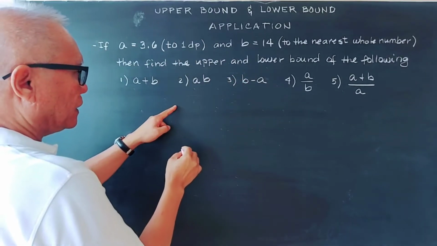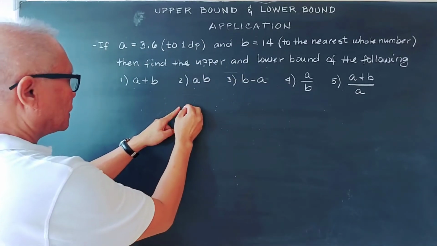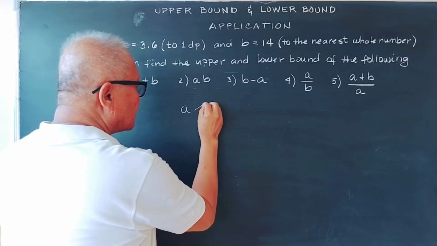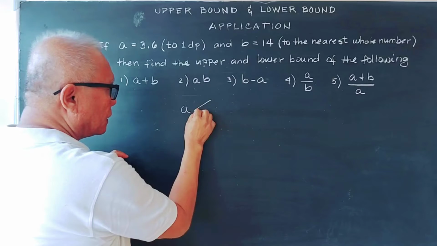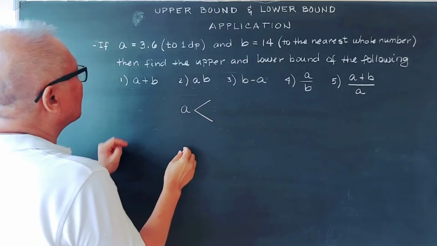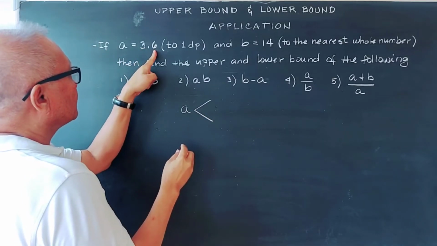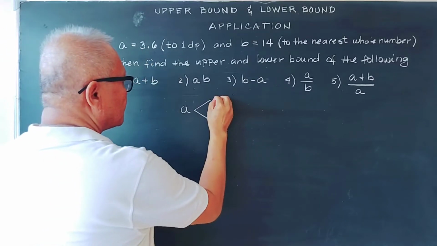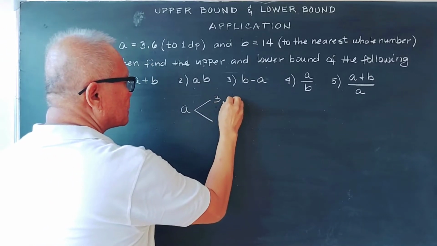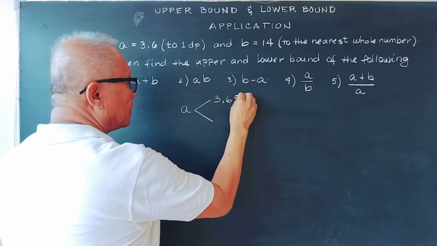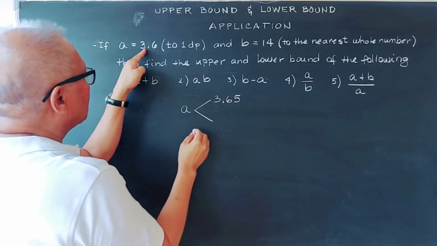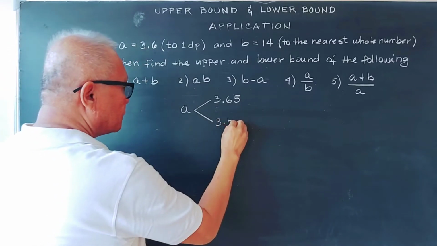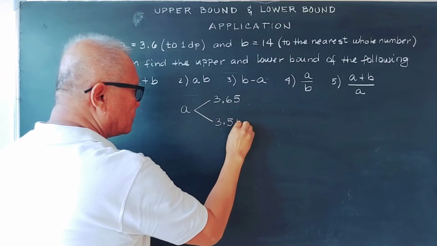But before that, we are going to have first the upper bound and the lower bound of A and B. So let's have the A here. And let's have the upper bound and the lower bound of A. 3.6 is correct to 1 decimal place. So we have 3 point, you just add 5 here for the upper. And then for the lower, subtract 1, and then add 5.